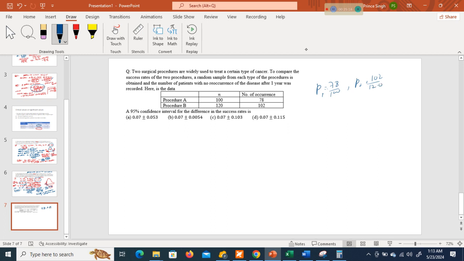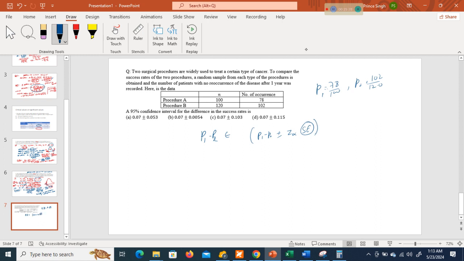This is the number of occurrences upon the total number of samples, right? So in this case 95% confidence means we want to find the difference, capital P1 minus capital P2. It should belong to p1 minus p2 plus minus Z alpha times standard error.